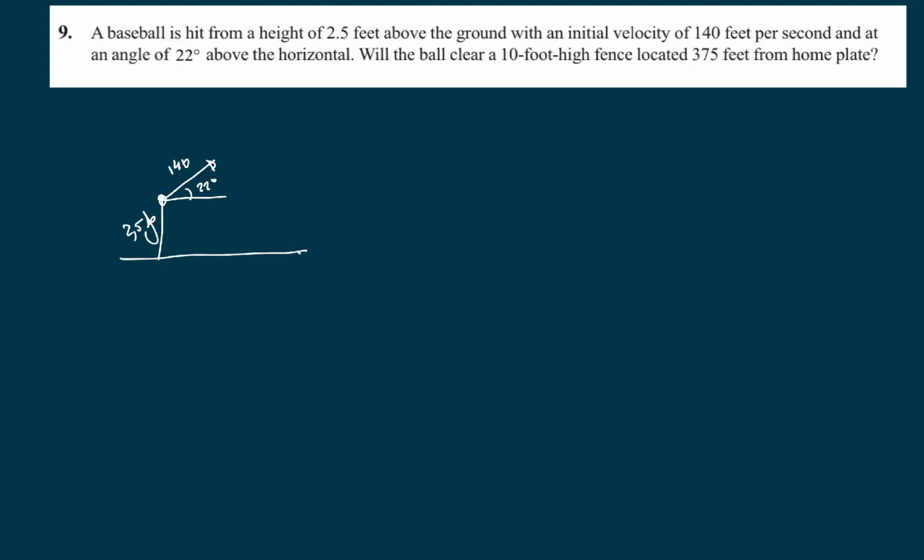So there is a fence that is located, this is the initial, x equals 0, and at x equals 375 there is a fence that is 10 foot high.